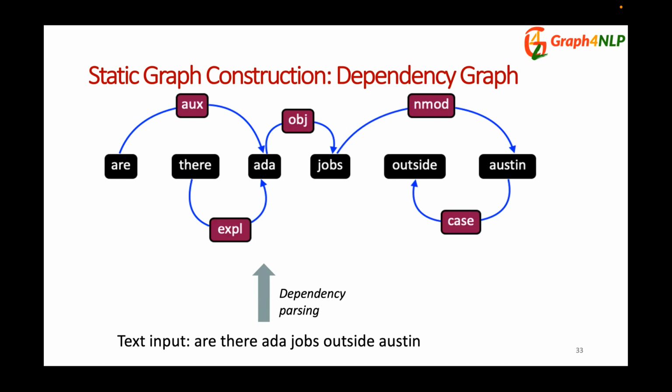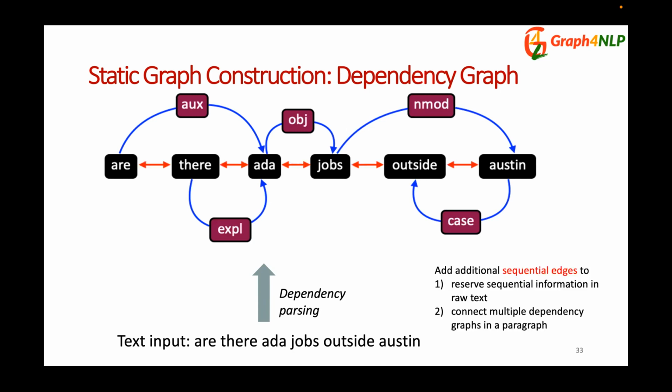Usually we apply dependency parsing at a sentence level. One common way to do that is to add additional sequential edges between the nodes so that we can connect multiple dependency graphs in a paragraph. Besides, this can also help preserve sequential information in the raw text, which can be helpful in some NLP applications.